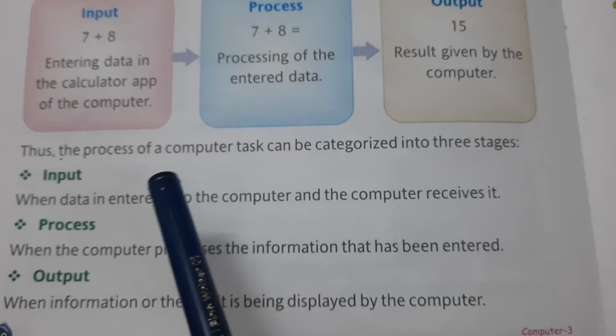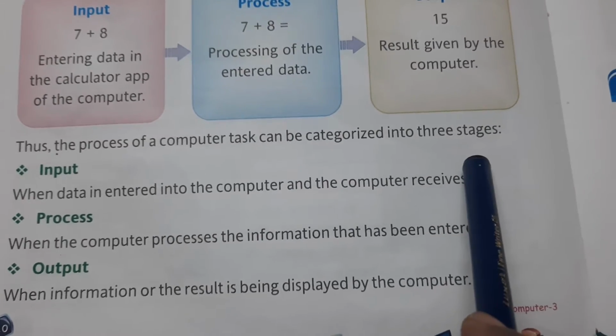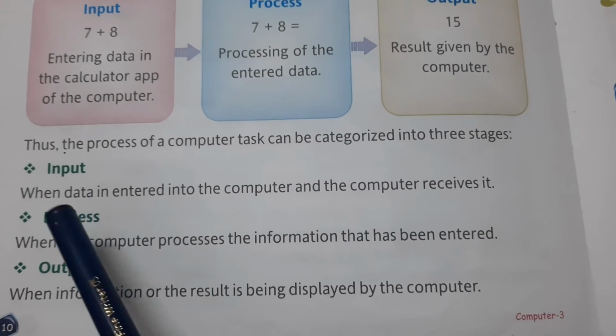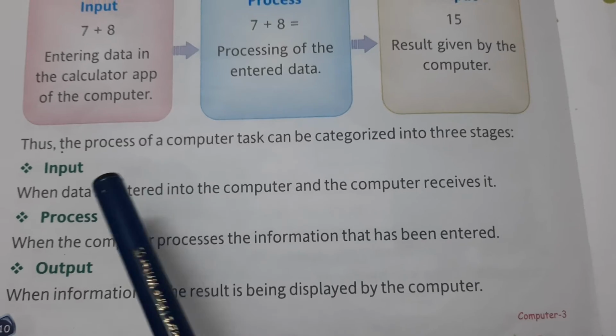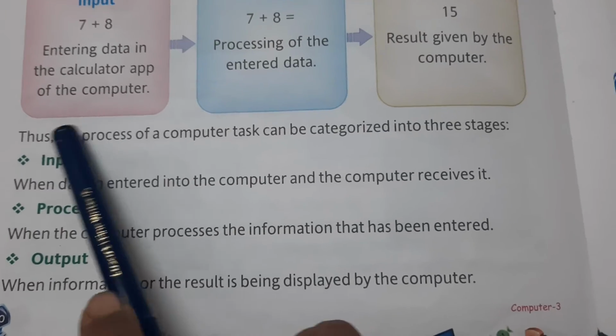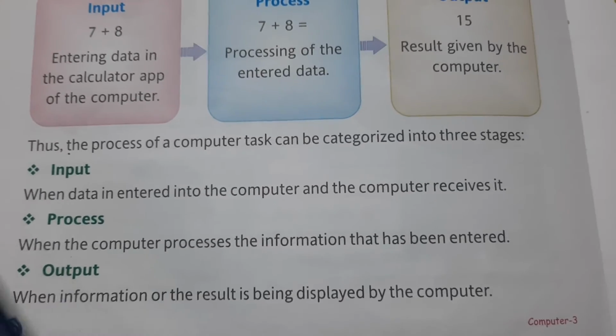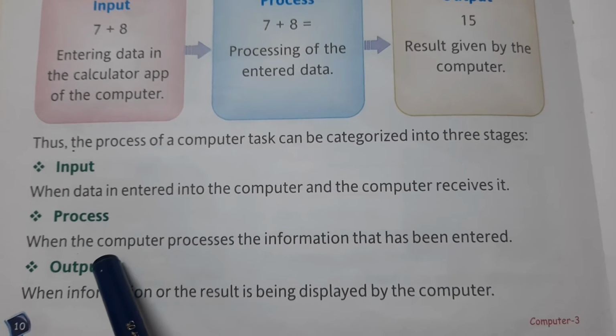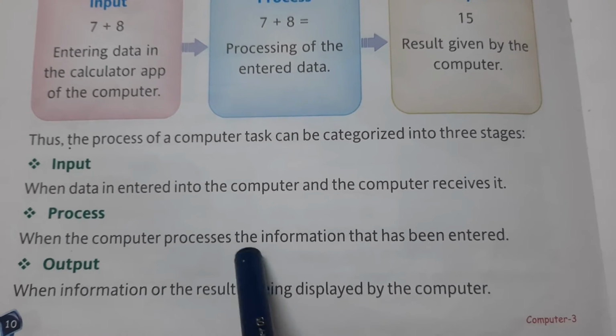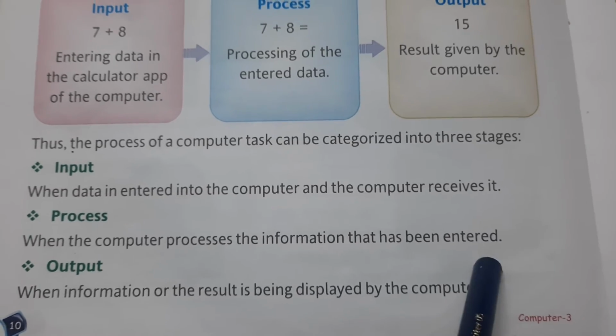Thus, the process of a computer task can be categorized into three stages. Input, when data is entered into the computer and the computer receives it. Means the first stage is input, in which we are entering the data and the computer is getting the data. Then the second stage is process, when the computer processes the information that has been entered.